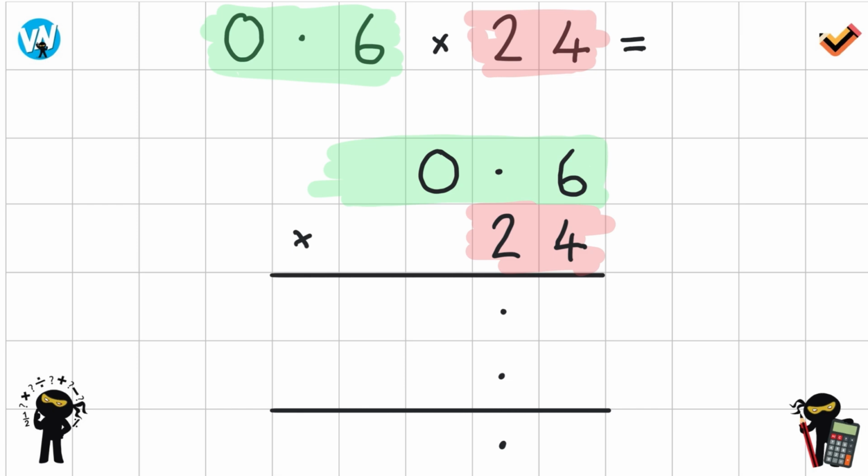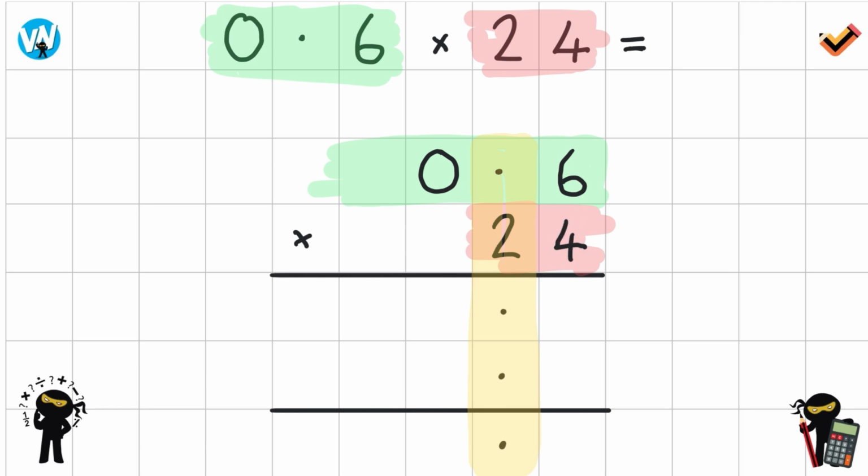Now, it seems a bit extreme, but what this has done is created place value all across the question. It's a lot to remember, I appreciate, but if we do everything in the right order, everything is going to fall into place.